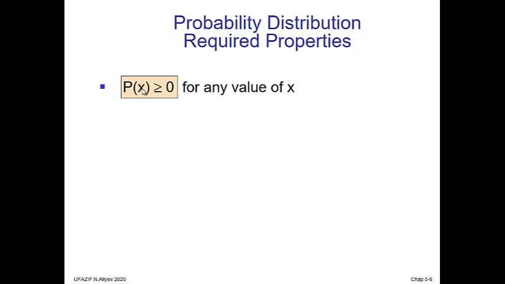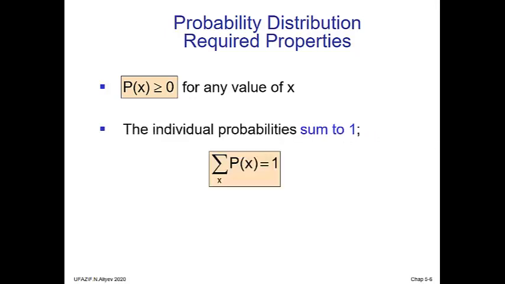We always know that probability cannot be less than 0 or more than 1. Second, the individual probabilities sum to 1. This is an important thing. The sum of probabilities in the table is always 1. This is an important property of the probability distribution.